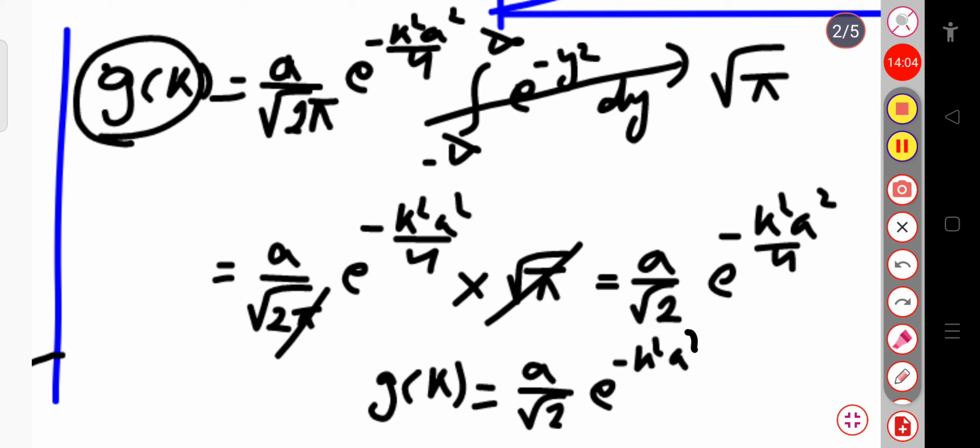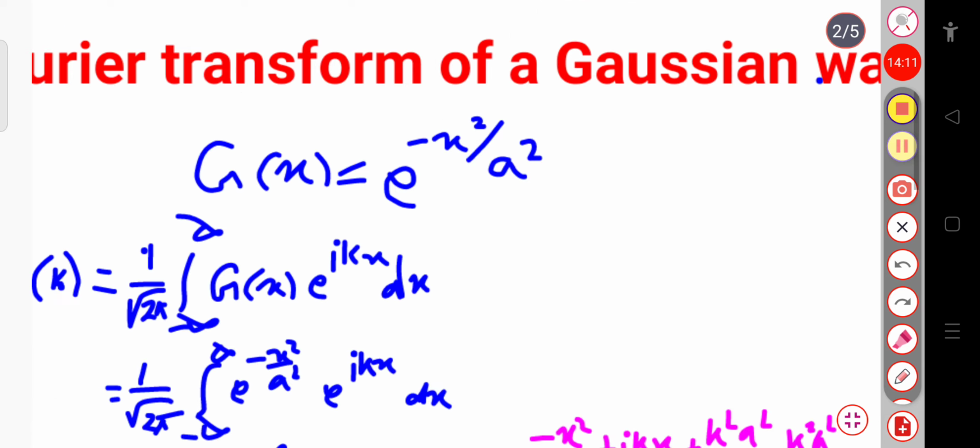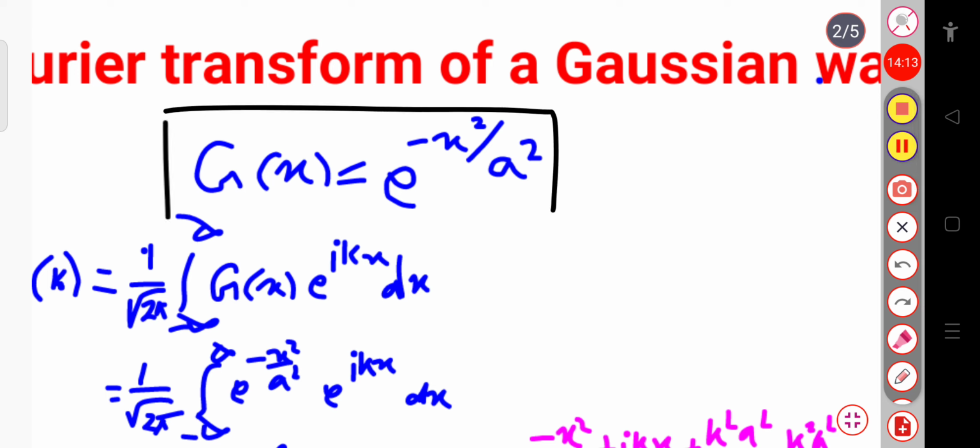So you can see that this is the Fourier transform of the Gaussian function that we have taken. That is, we considered g of x equal to exponential minus x square by a square. Basically just try to focus on this, that is exponential minus x square.